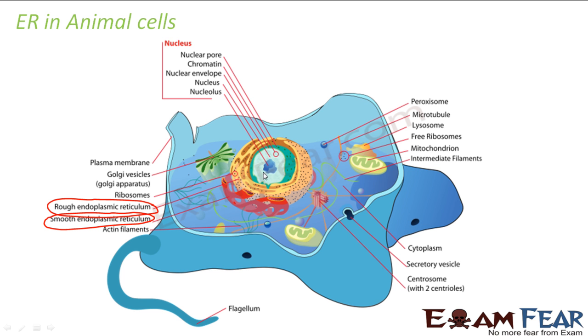So this is the nucleolus. The central blue colored structure is nucleolus. The dark green structure is the nuclear membrane and the dots are the nuclear pores. So just outside the nucleus, somewhere nearby, you have the rough endoplasmic reticulum, and a little further you have the smooth endoplasmic reticulum.